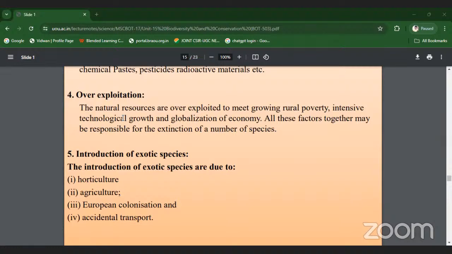Over exploitation means that most people, for fun and enjoyment, poach plants and hunt animals. Due to fun and enjoyment, they are exploited. And for growing people's needs and commercial benefits, they also depend on plants.